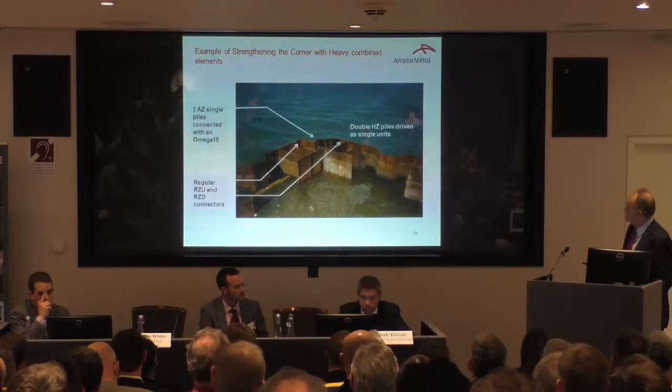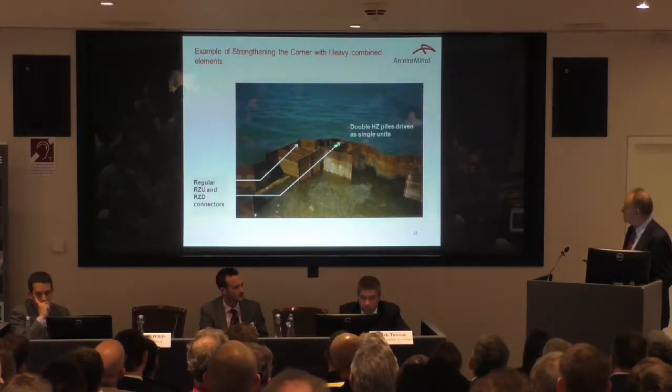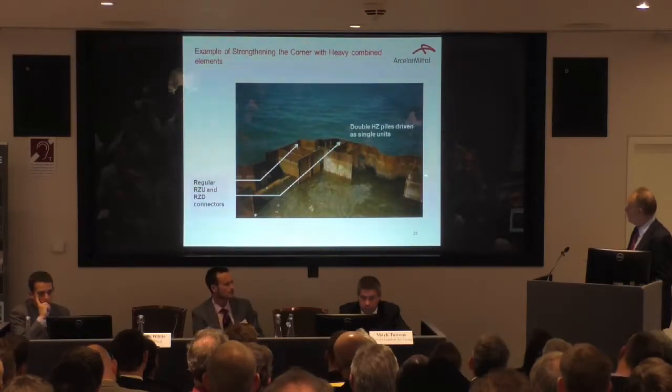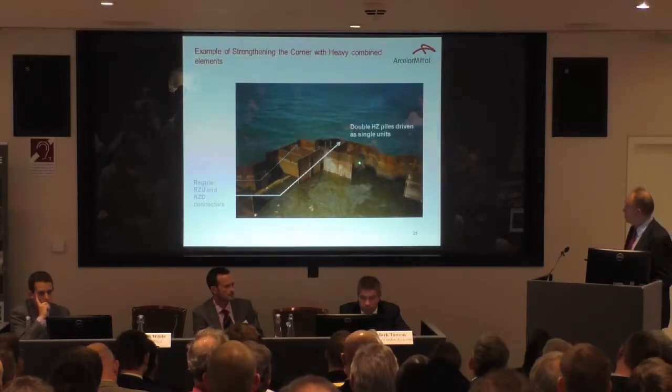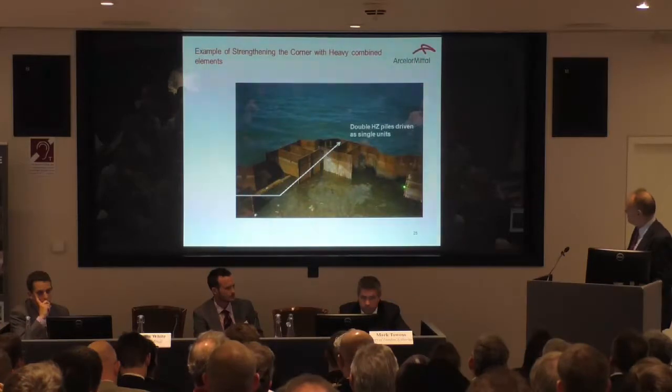So this is an example of strengthening a normal sheet pile wall with HZ combination primary piles, in this case at the corner elements. So at any point along the wall we can introduce HZ combi primaries to strengthen up the wall. And similarly, you can also connect the Z piles at the back flange.